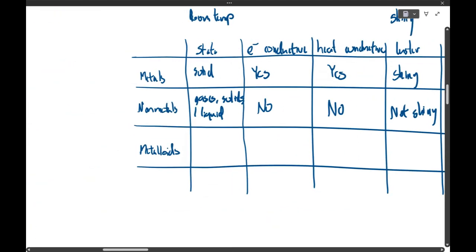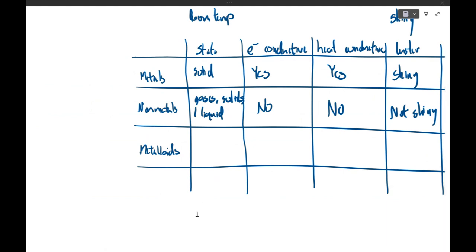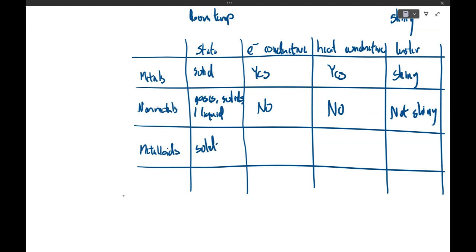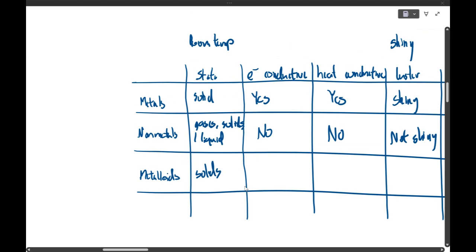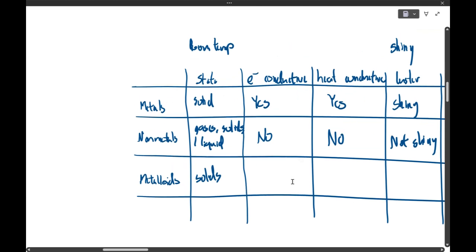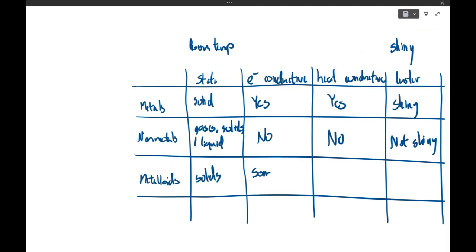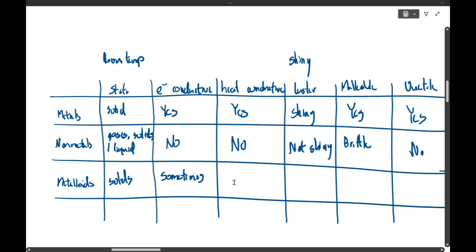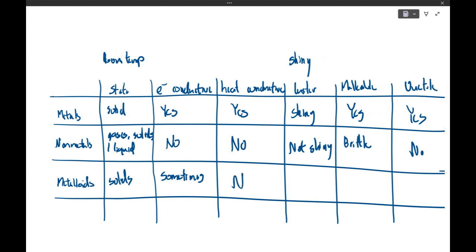And metalloids, they're very interesting. They tend to be solids at room temperature. They sometimes conduct electricity. They are not great conductors of heat.